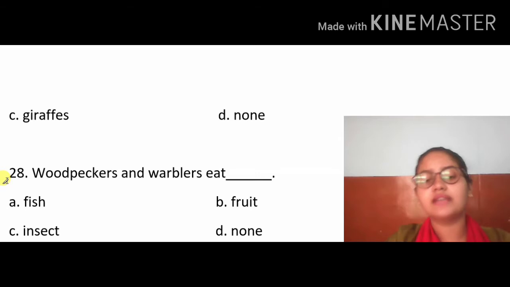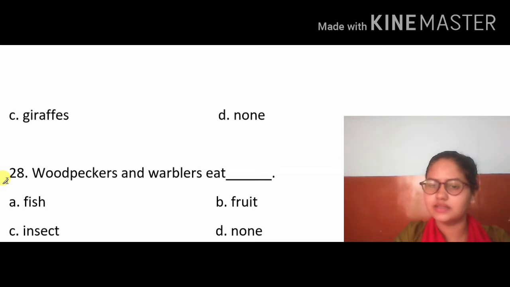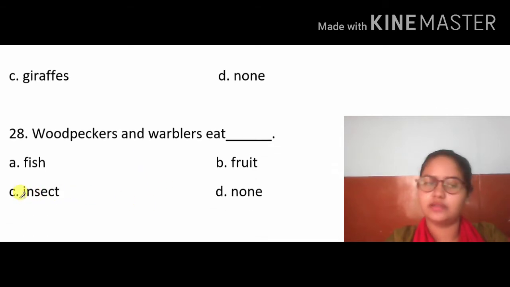As I always say, if you want to revise your chapter, please read your whole chapter and understand the meaning of it, because it's all about plants, birds, animals and insects, so you can learn it easily. Now here is woodpeckers and warblers. What do they eat? They eat insects. Okay.